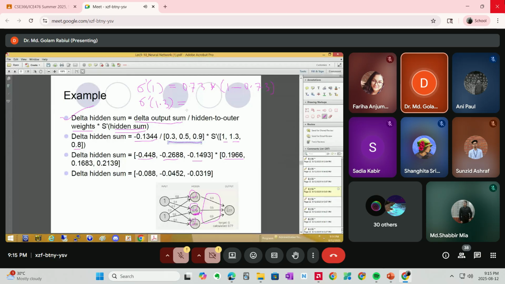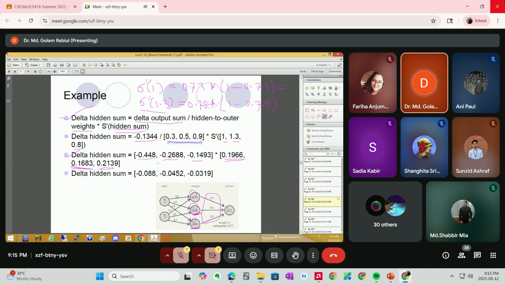So 0.79 times 1 minus 0.79. So from here we will get 0.1966, and from this one we will get 0.1683. Similarly, for the derivative of the sigmoid of 0.8, the sigmoid is 0.69. So 0.69 times 1 minus 0.69, we will get 0.2139. Okay, so this is our delta hidden sum.